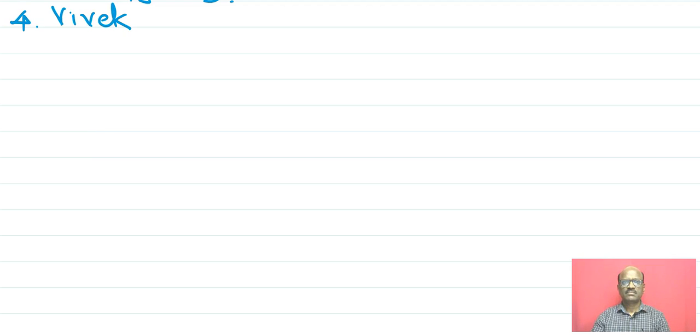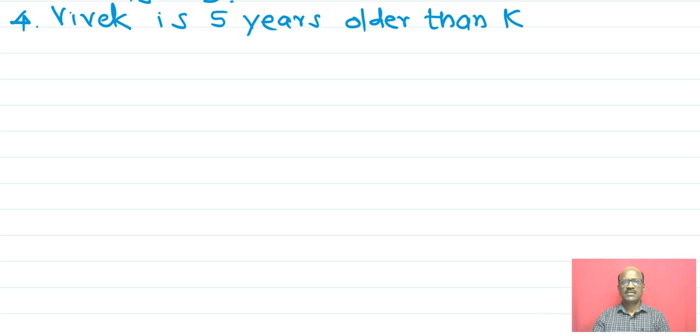Fourth problem. Vivek is 5 years older than Kishore.